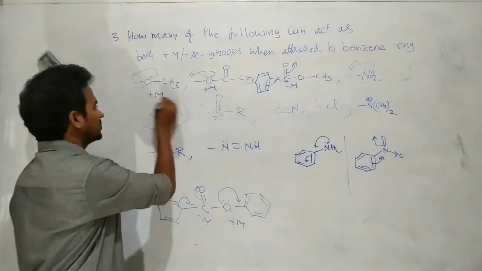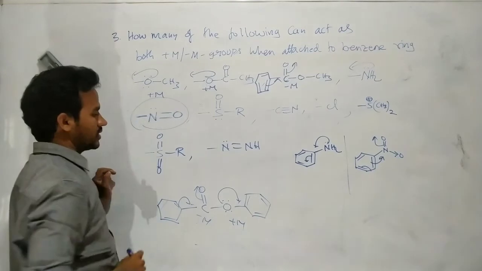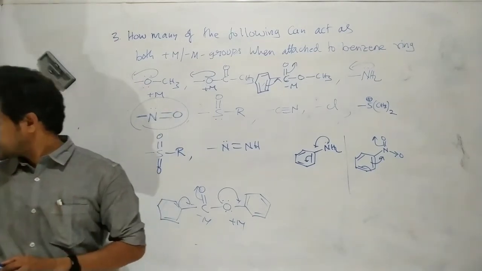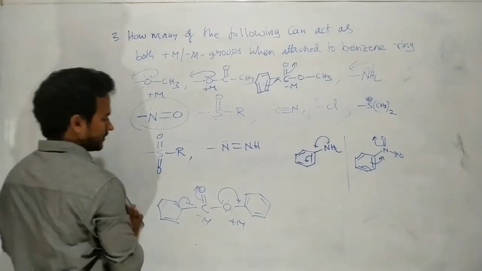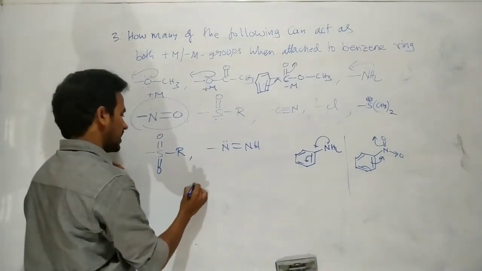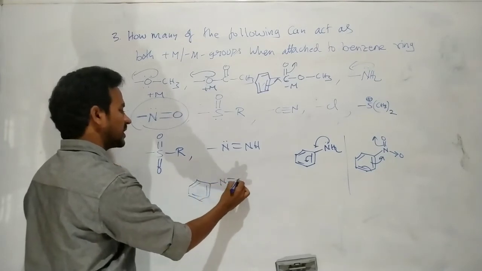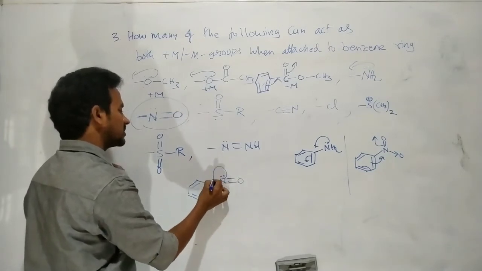Coming to this one, very interesting, the NO group. When attached to the benzene, it can act as a plus M group because non-bonding electrons are there.